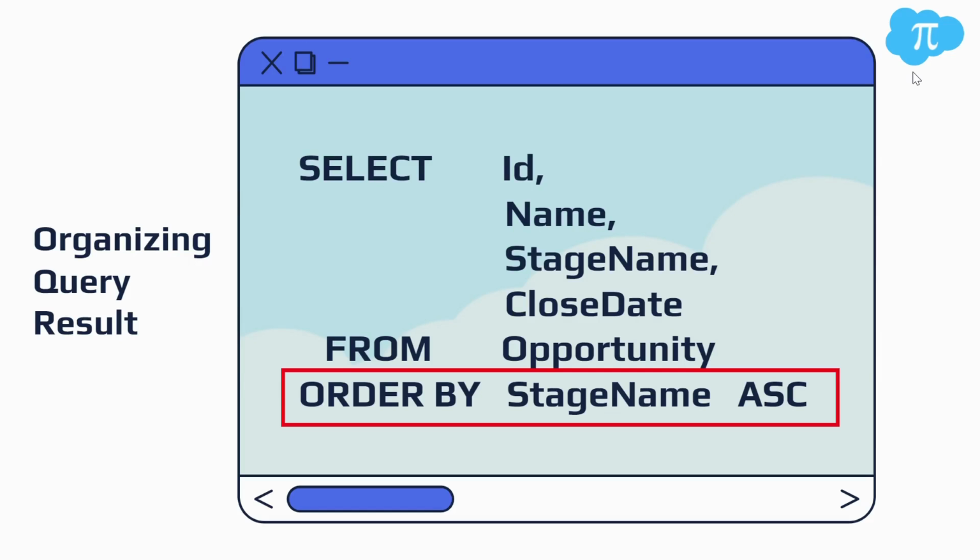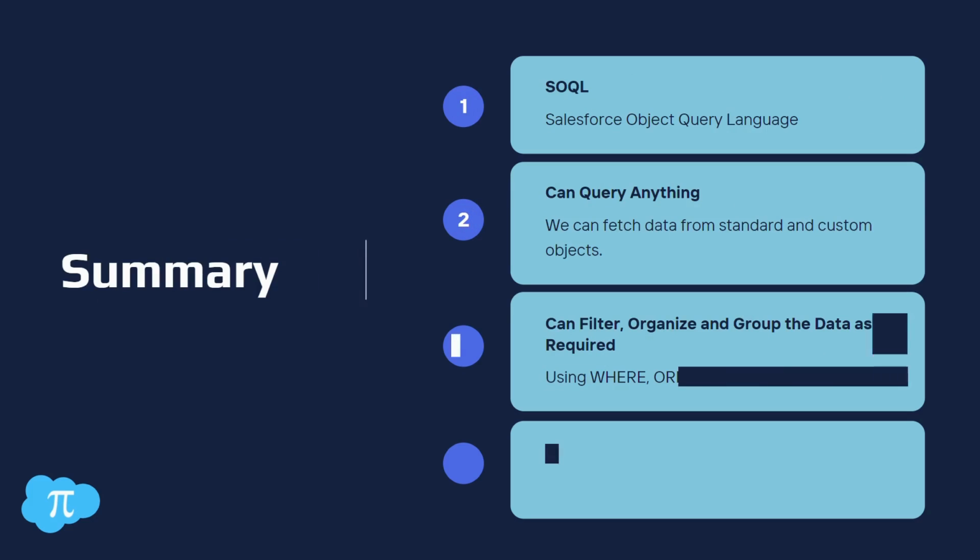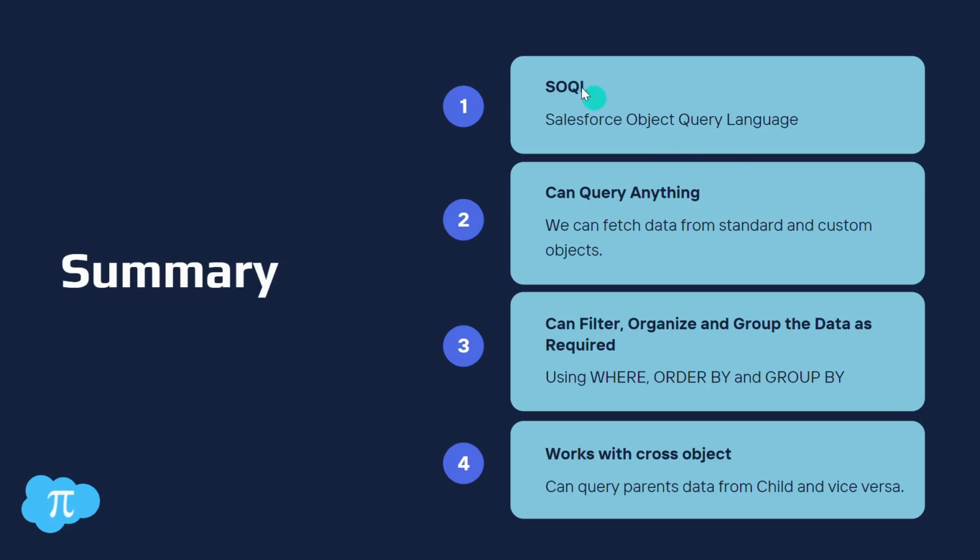So we have covered everything, starting with introduction, writing SOQL, filtering the results, organizing the records, grouping the records, and cross-object queries. Let's summarize what we have learned. SOQL stands for Salesforce Object Query Language.